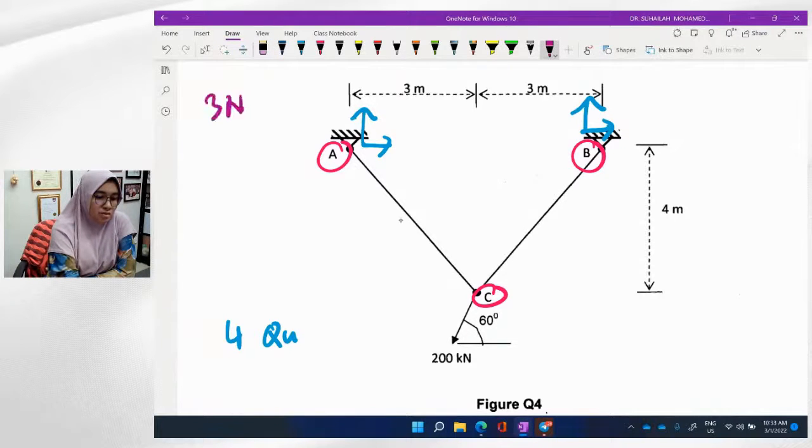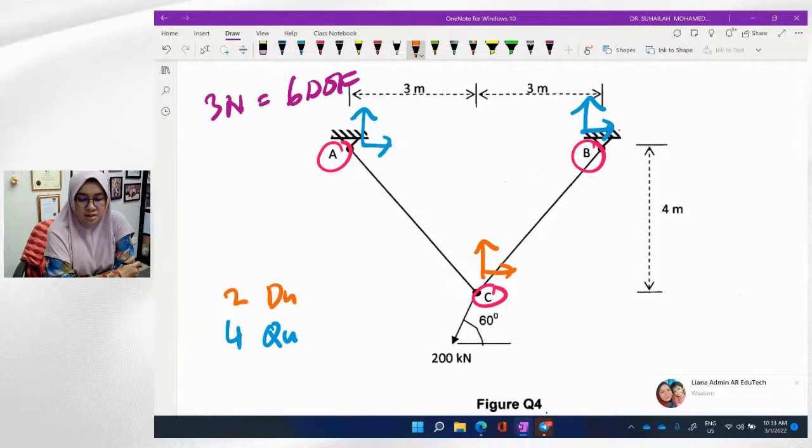Three nodes are equivalent to 6 DOF, and we have 4 degrees of freedom in the constraint system. So the remaining two are for unconstrained, or unknown displacement. The unknown displacement is located at C.